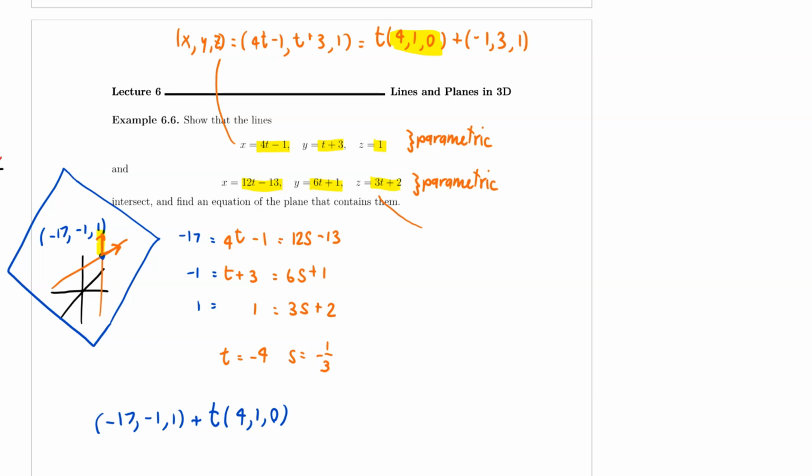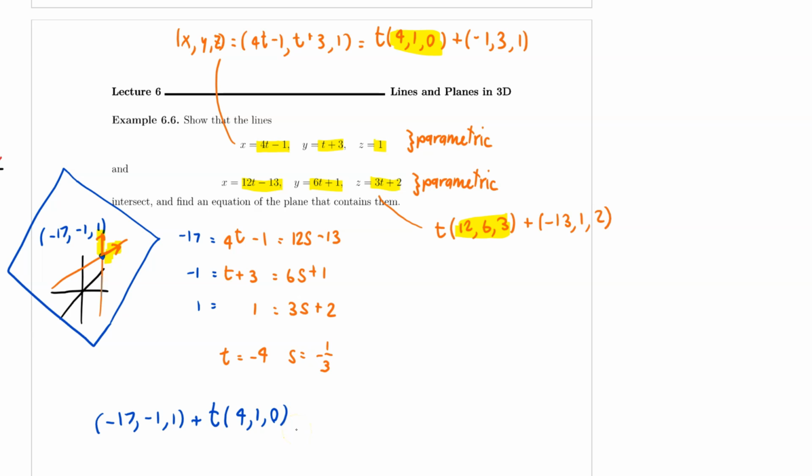And as for the other guy, the equation in matrix form for this line is going to be t times 12, 6, and 3 plus negative 13, 1, and 2. So this 12, 6, and 3 is going to be the coordinate of my second orange vector that generates my plane.